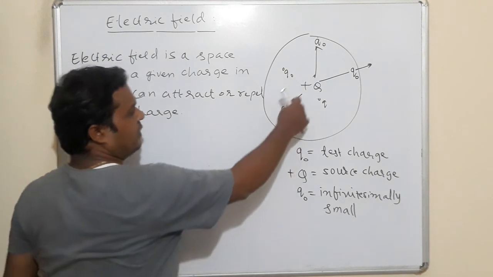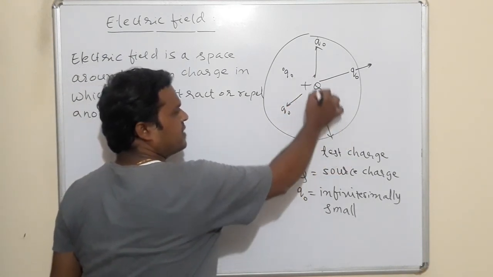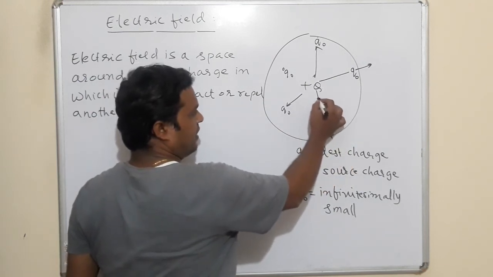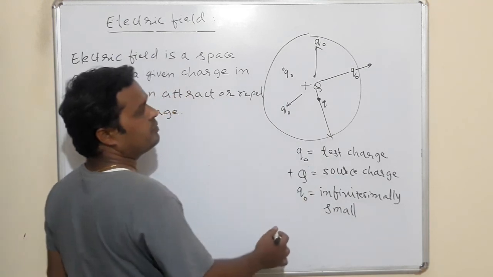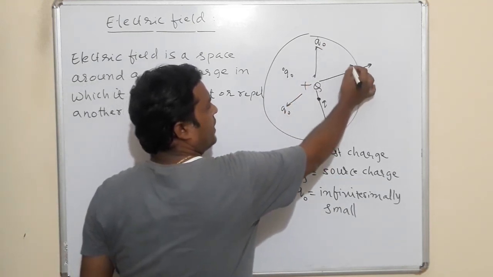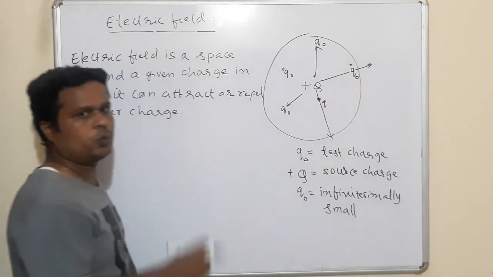How much force will it experience? Suppose if I place it here, if it experiences a large force, then I say that the strength of electric field here is higher. If it experiences lesser force at a particular point, then I say that the strength of electric field at this point is low.